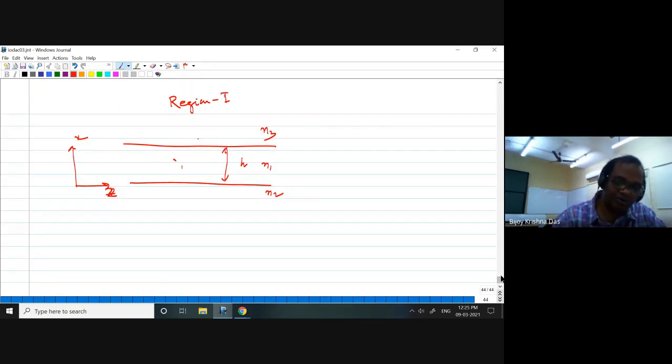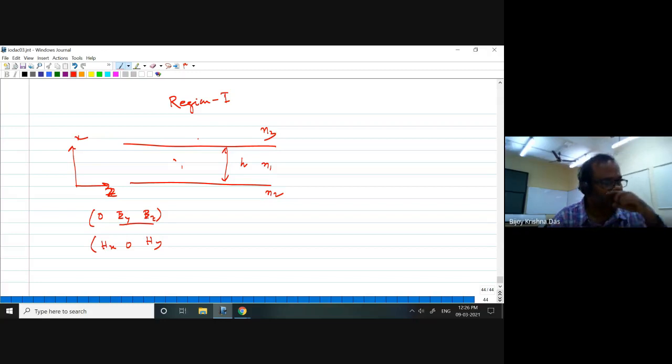Now if you consider this case, what are the components for the TE mode? For example, Ex is 0, and there will be Ey and Ez components, and Hx, 0 Hy component, right? So now you see, I have an electric field which is in the YZ plane, right? That is your TE-like mode. The electric field is supposed to be in the YZ plane, correct?